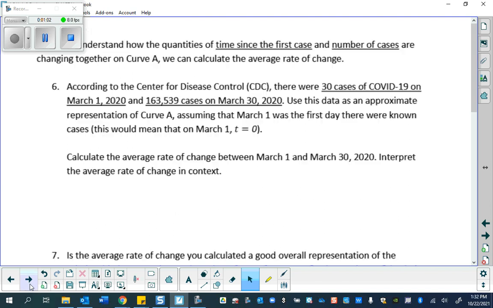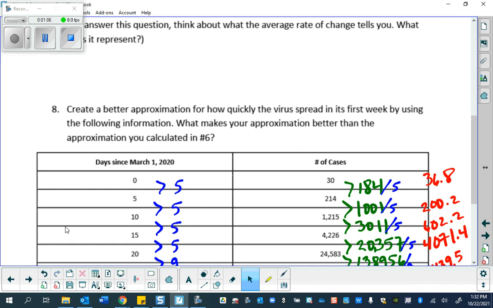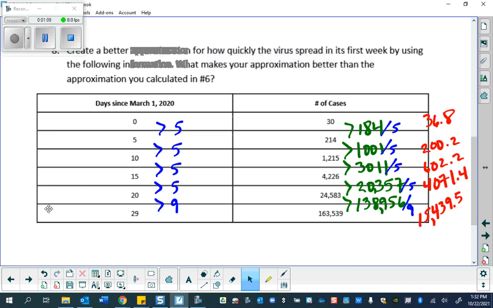So when you walked your way through this project, you ended up looking at some data, and this data ends up being the important kind of stuff where it says, if you look at how quickly the virus spreads during this time, you can begin to look at when there was a change in just 5 days, there was 184 cases, that averages to 37-ish cases per day.